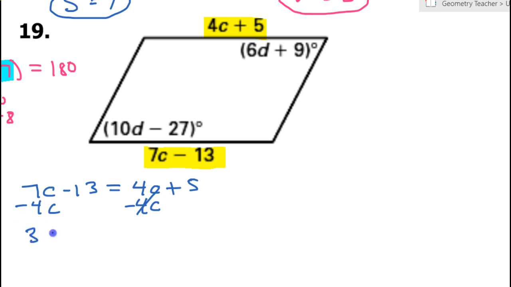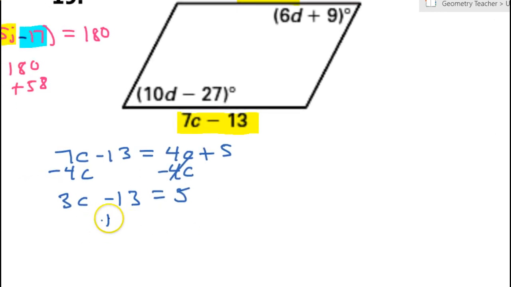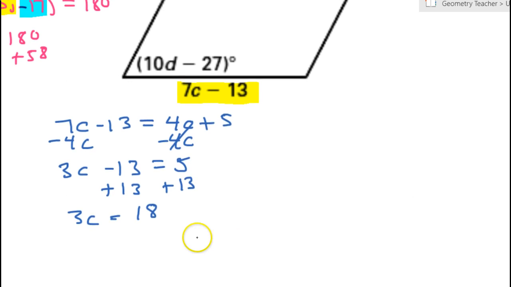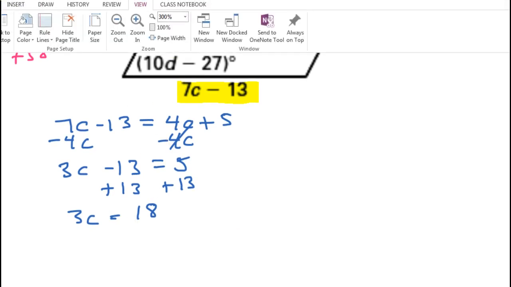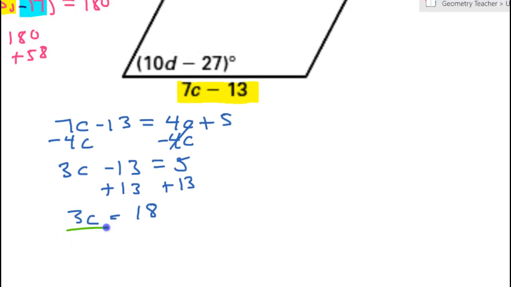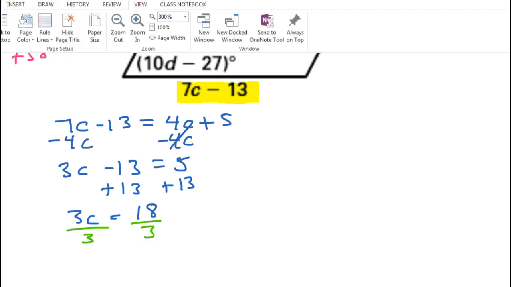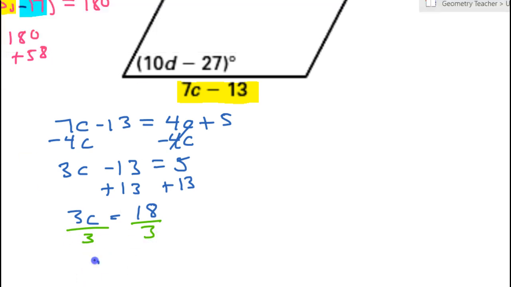So this will be 3c minus 13 is equal to 5. Then you add 13 to both sides. So that's going to be 3c is equal to 18. And then you divide both sides by 3. And you end up with c is equal to 8.